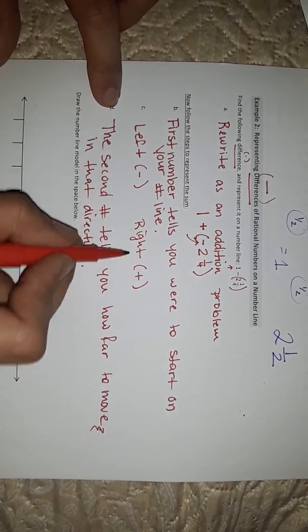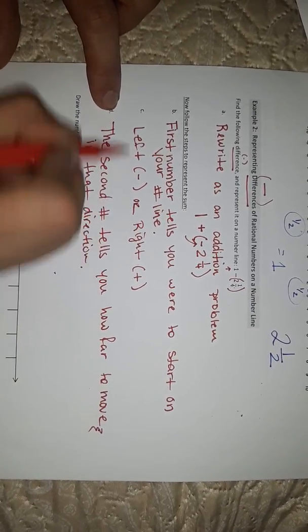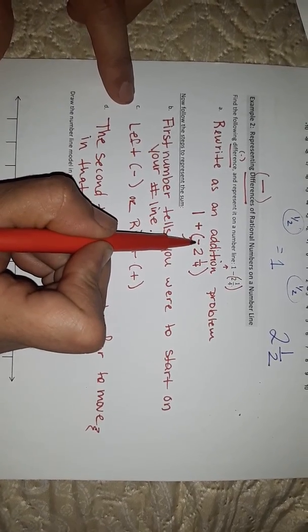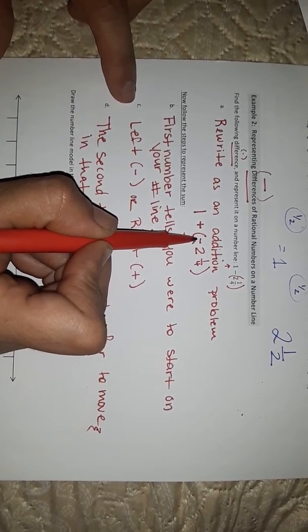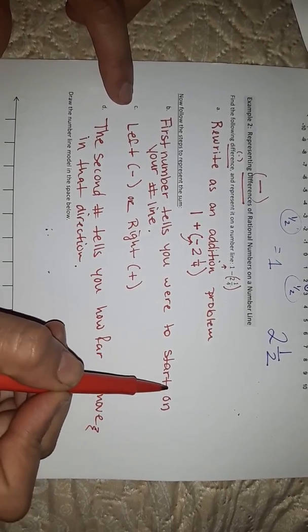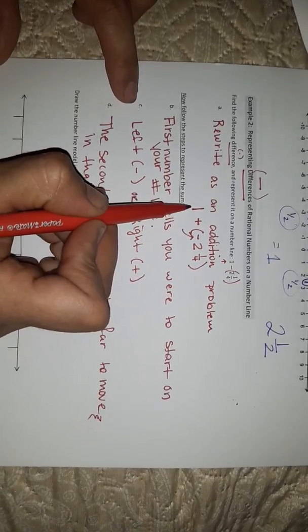The direction stated in part C. Okay, you're either going left or right. In this case, we are going left because it's a negative number. How far are we moving? We're moving 2 1/4 spaces to the left, and we're starting at 1.